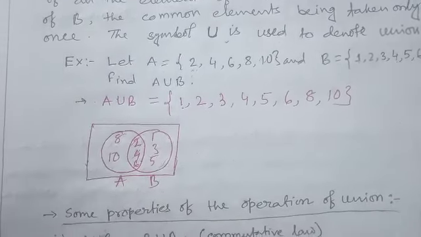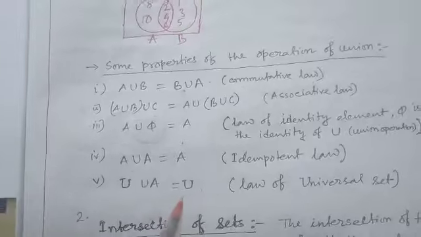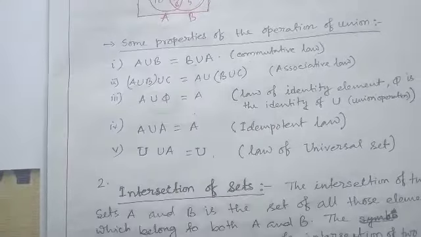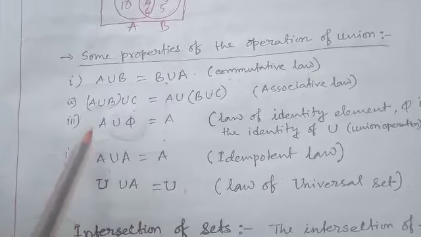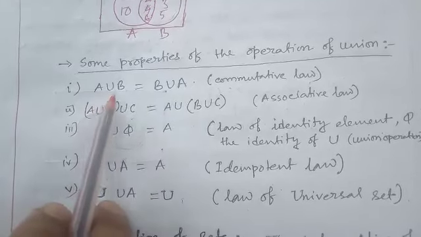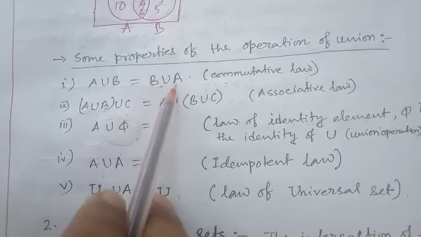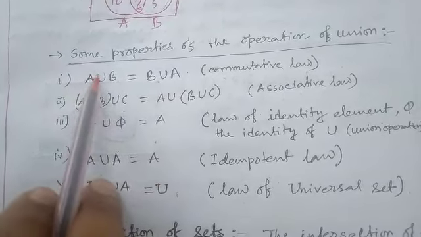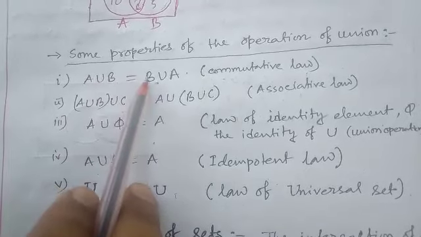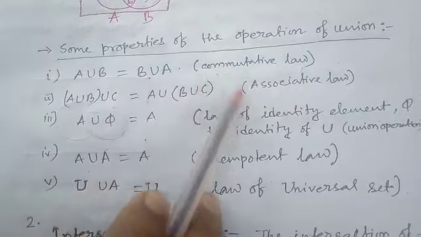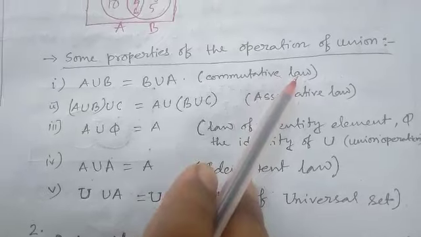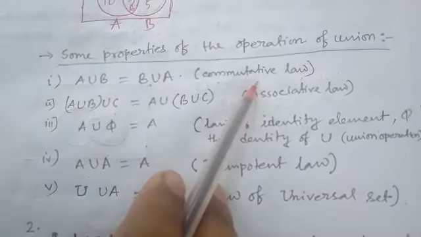Next, some properties of the union operation. The first property: A union B equals B union A. That means the union operation holds the commutative law.